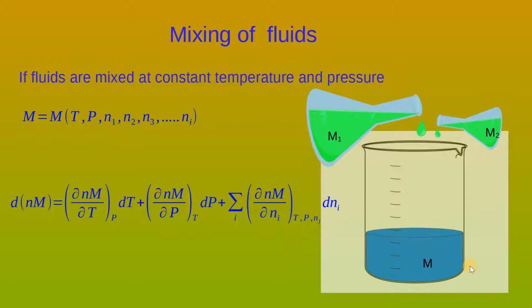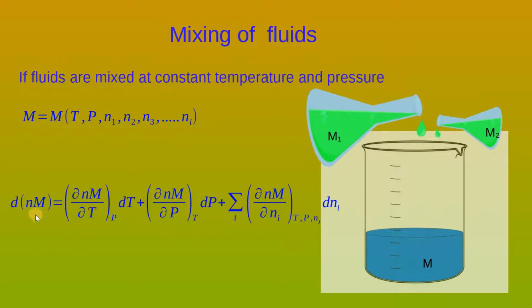For the solution M in the beaker, the property M can be written as a function of T, P, N1, N2, N3 to Ni, where T is the temperature of M, P is the pressure of M, and N1, N2, N3 to Ni are the moles of species 1, 2, 3 and i in the fluid.